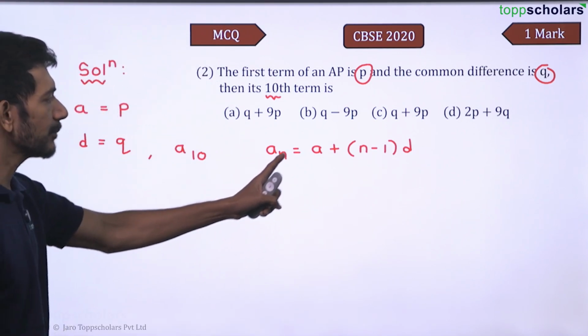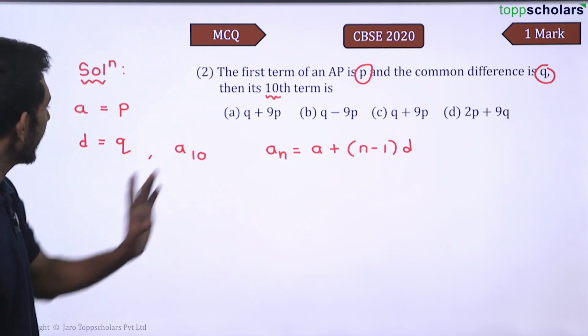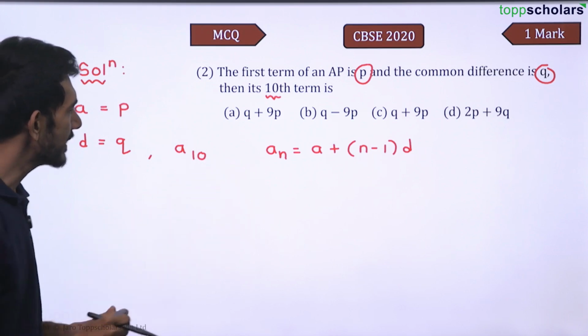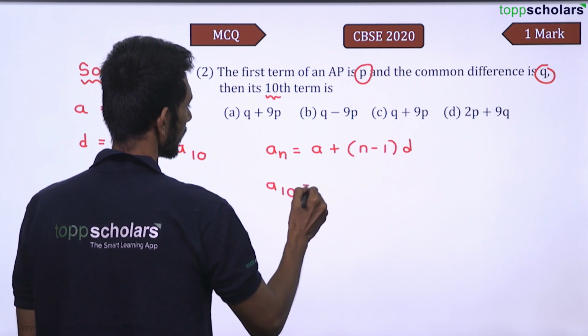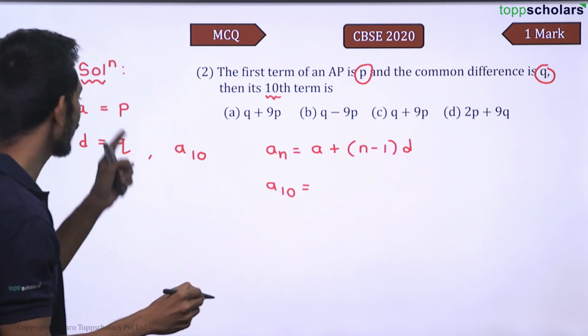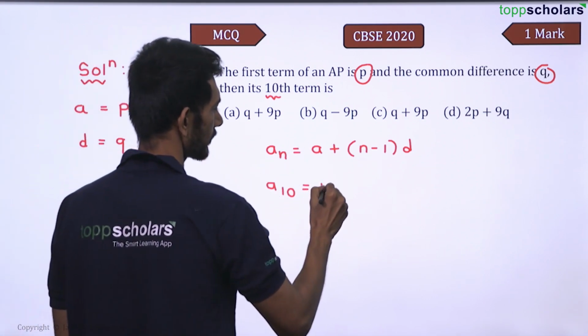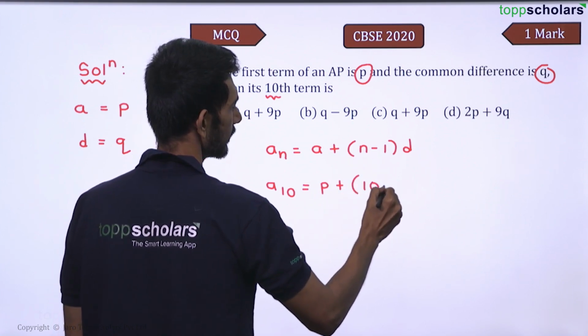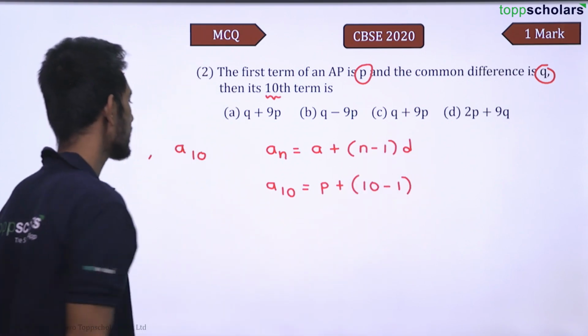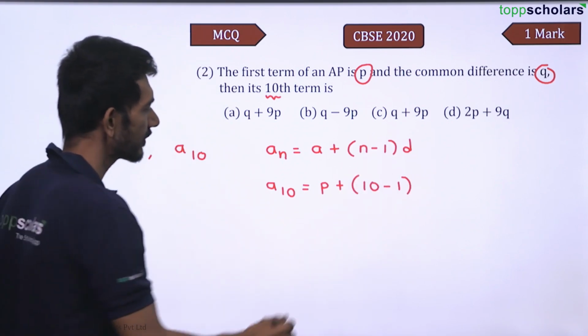Now instead of n I can put 10. So can I say A10 is equal to A? A is how much? P, plus n is 10, 10 minus 1 into D. How much is D? D is the common difference, that is Q.